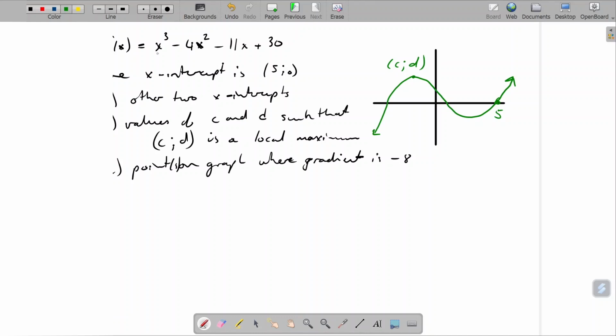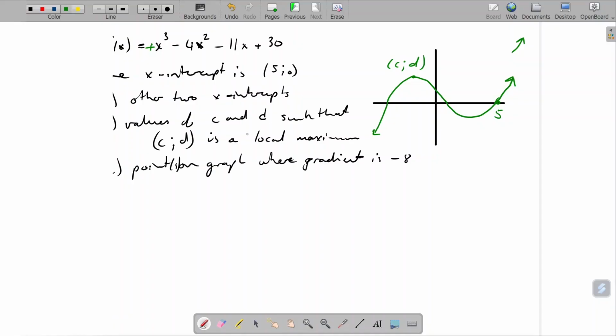Again, because it is positive, we know it is going to go up to infinity on the right-hand side, which means it has to have this shape with the local maximum occurring first and the local minimum occurring second. Think this thing through: if I had minus x cubed, this picture would be upside down with the local minimum occurring first.